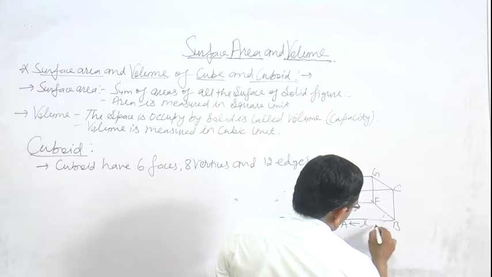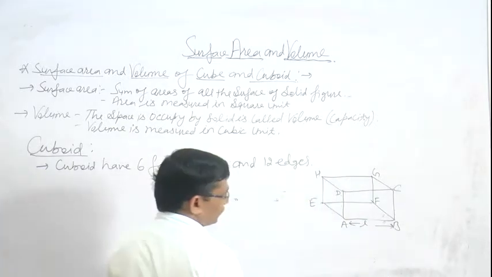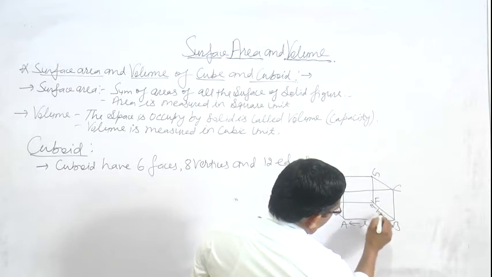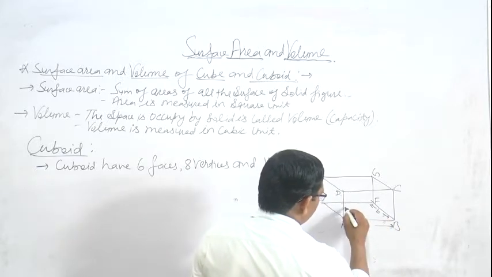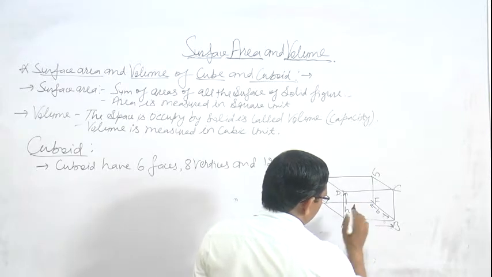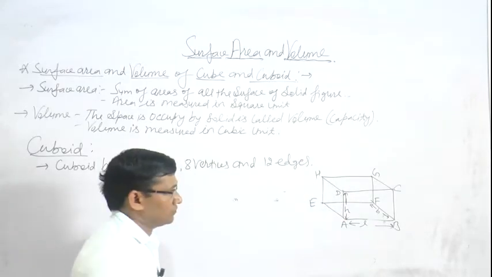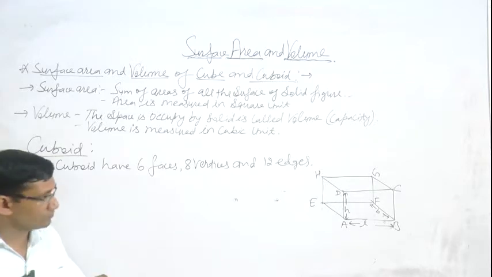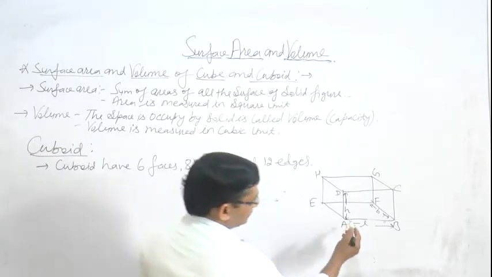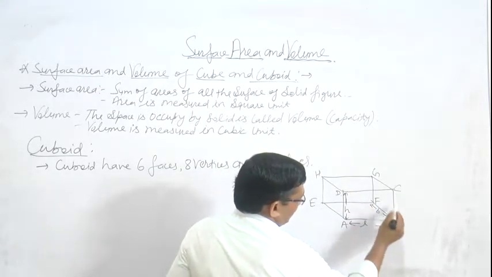Suppose length of the cuboid is L, breadth is represented by B and height is represented by H. A, B, C, D is a face.